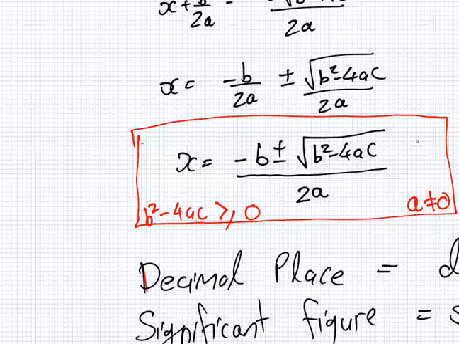Now, can I go down? So actually, just for a minute, I want to go back up to the formula here. I was saying that a should not be 0, but there is another condition that you need to be able to use this formula. b squared minus 4ac must not be negative.